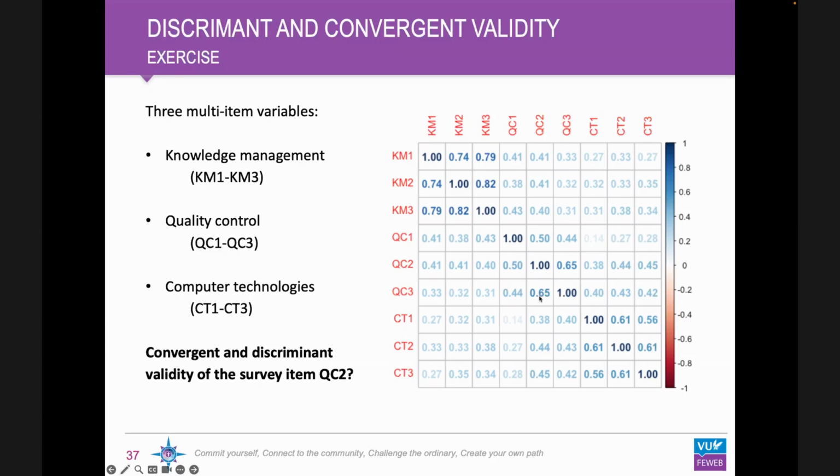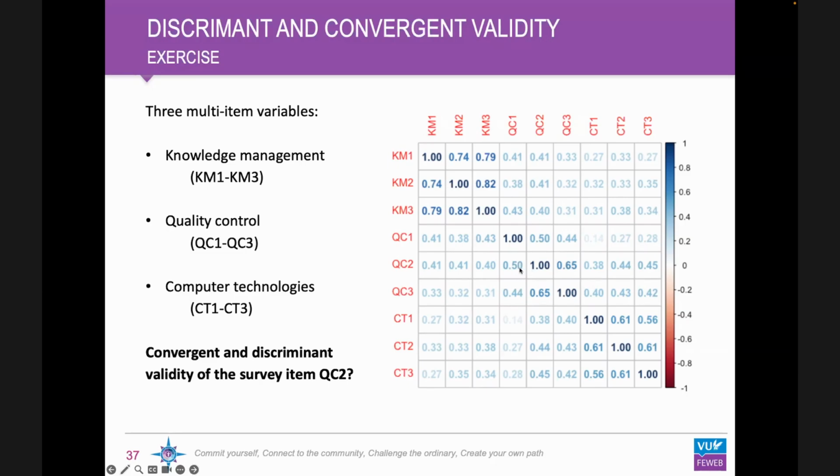And if we take, again, 0.6 as a high correlation, then you can see that there's a high correlation with QC3 and a moderate correlation with QC1. So in this case, we can say that the convergent validity is okay, because there's one high correlation and one moderate correlation.